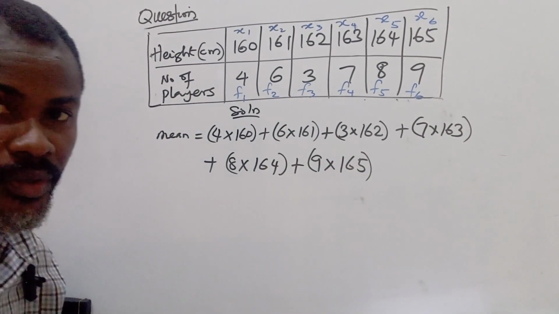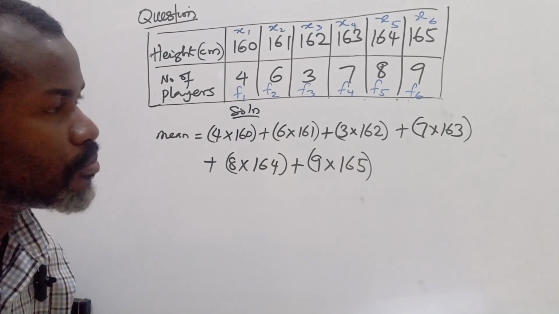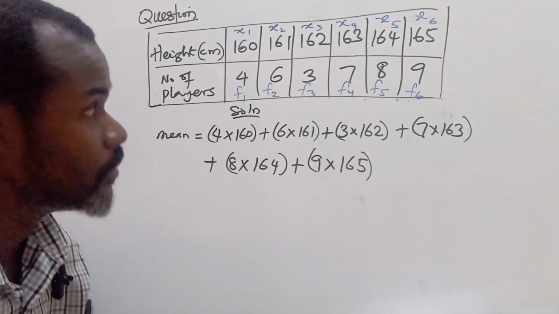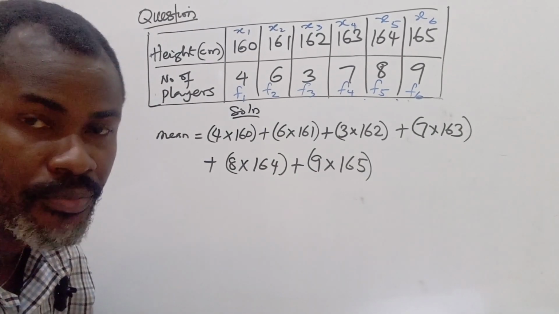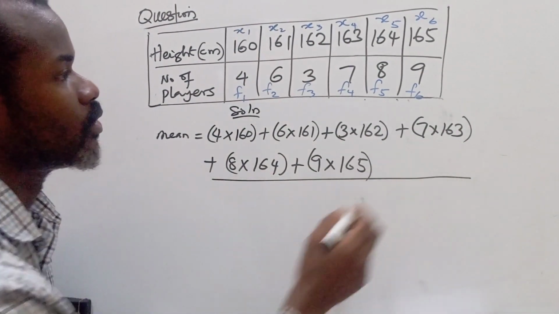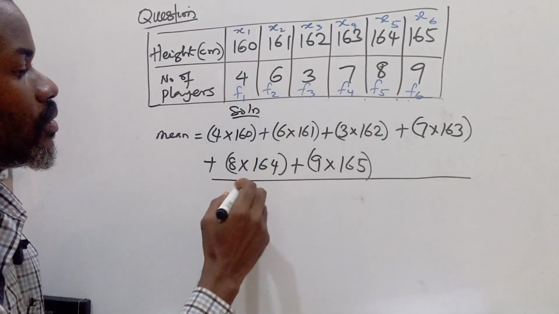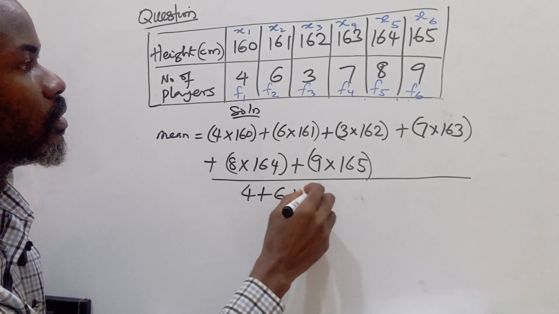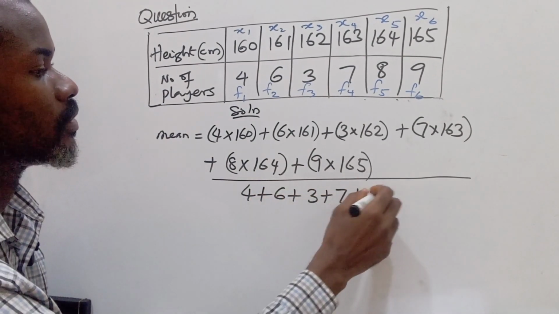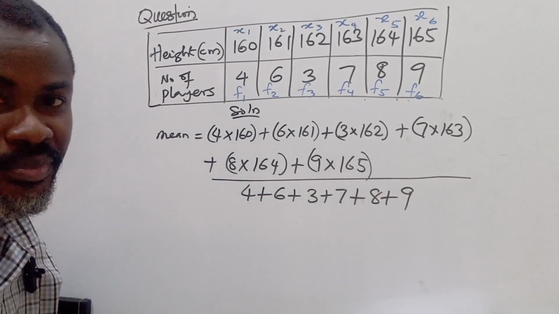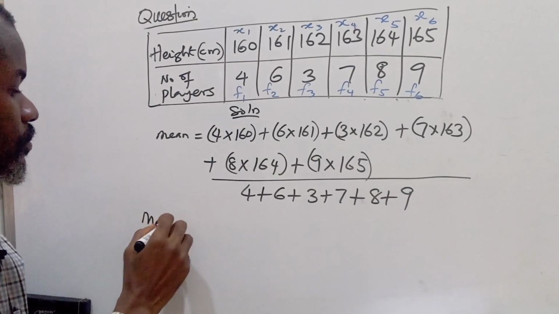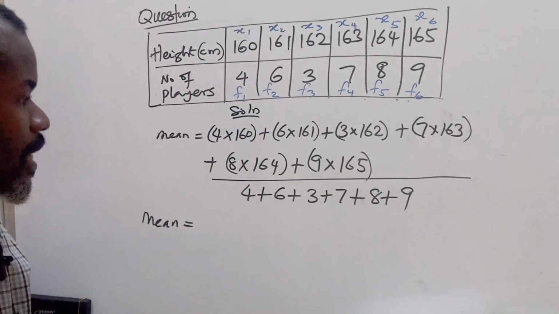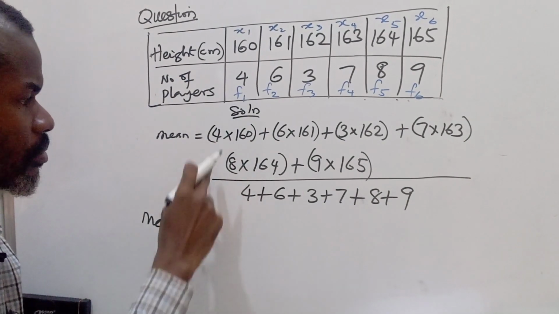So that is the sum of the frequencies multiplied by the heights. Now divide by the sum of the frequencies: 4 plus 6 plus 3 plus 7 plus 8 plus 9. All right, so our mean is going to be, now let's multiply this.